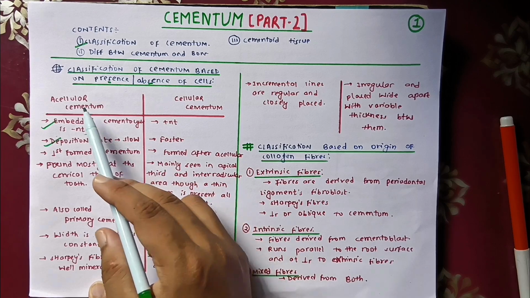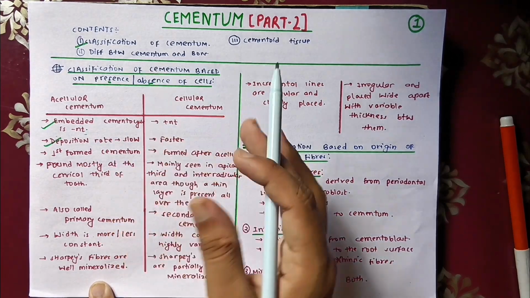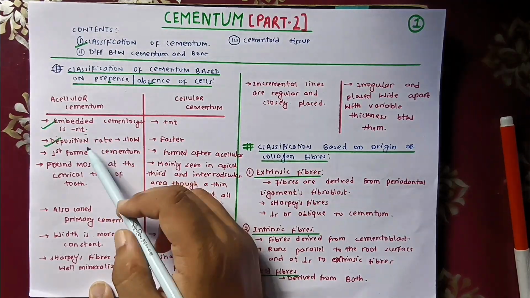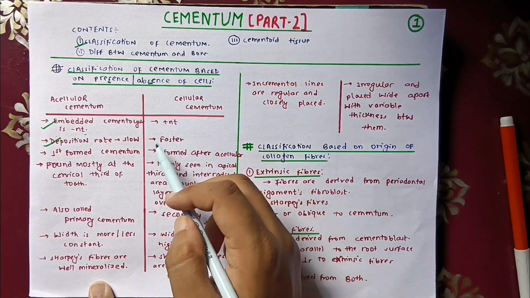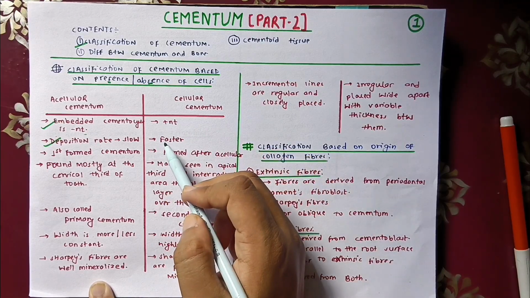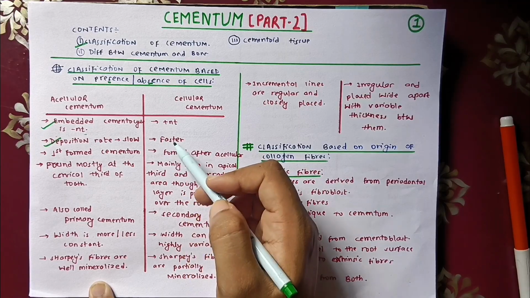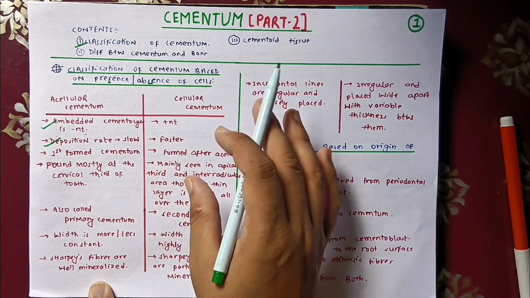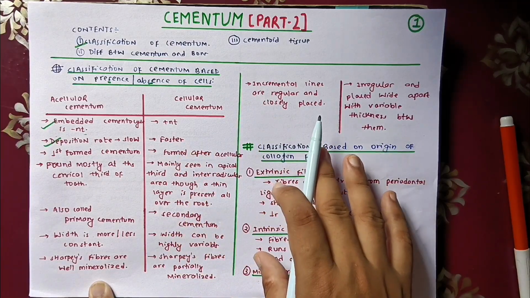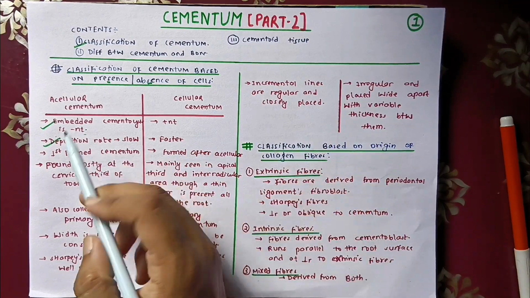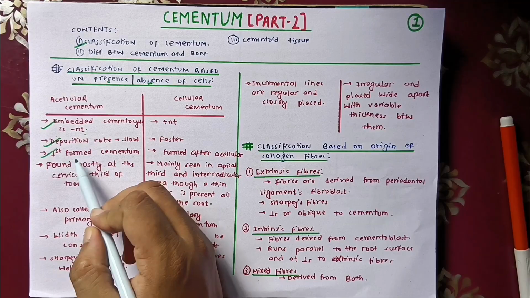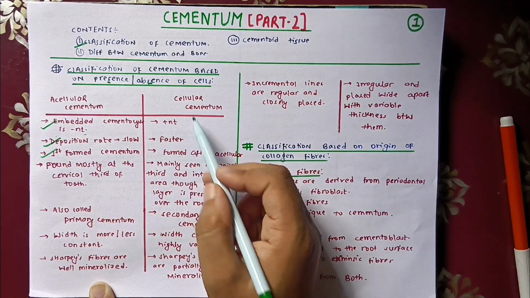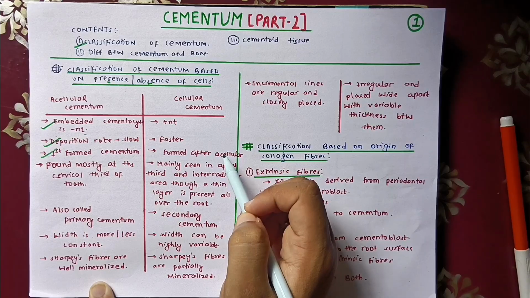If there is no cell, the deposition rate would be slow, and if there is a cell, it would form cementum fast. This is just a technique to remember. After that, acellular cementum is the first form of cementum, and after that cellular cementum is formed.